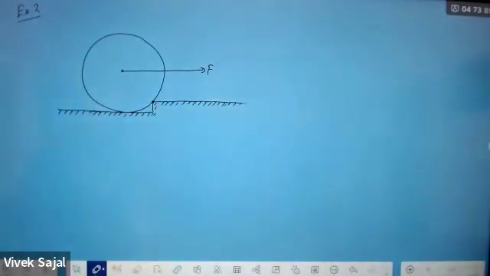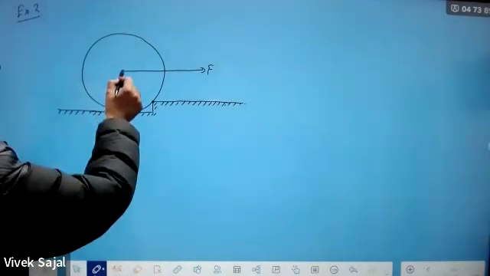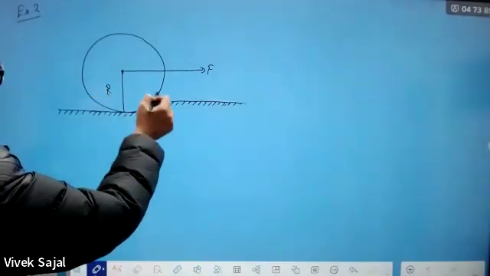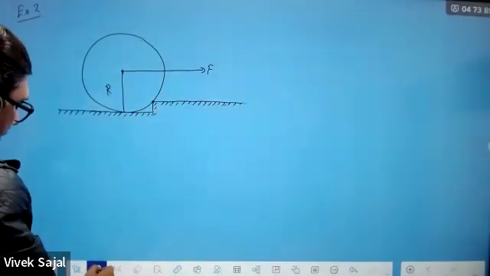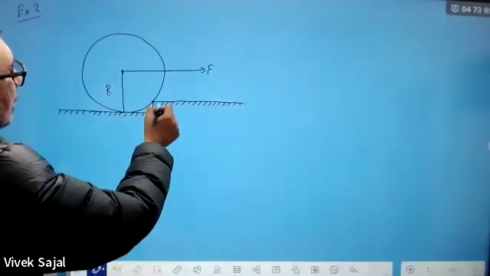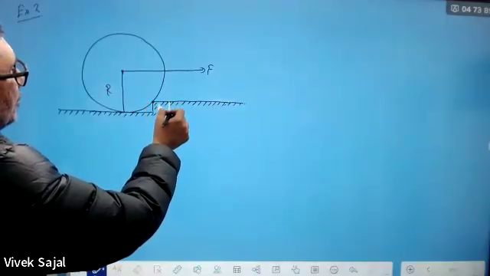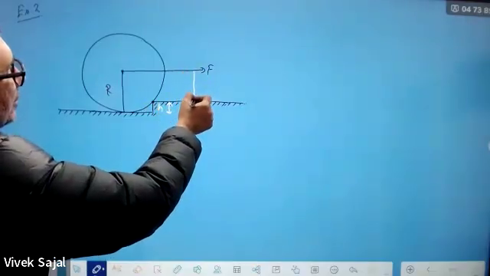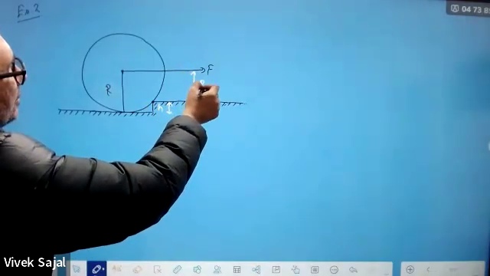The radius of this sphere is r, and the height of the obstacle from here to here is h. So this distance will be r minus h.